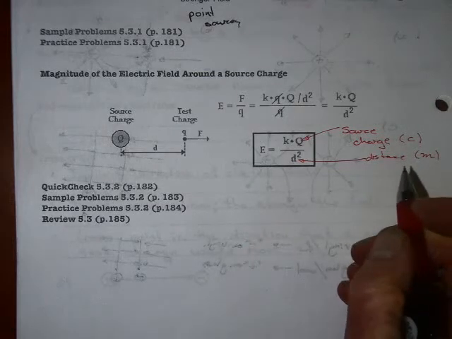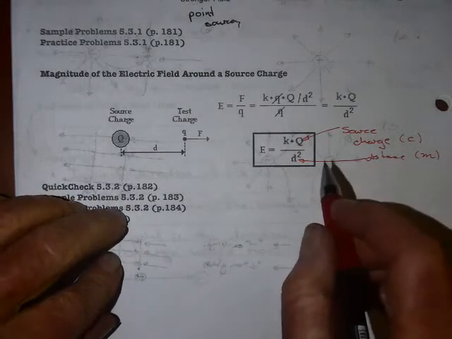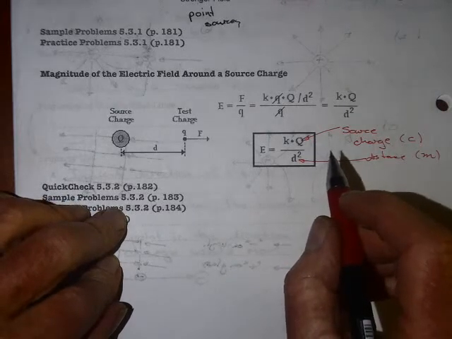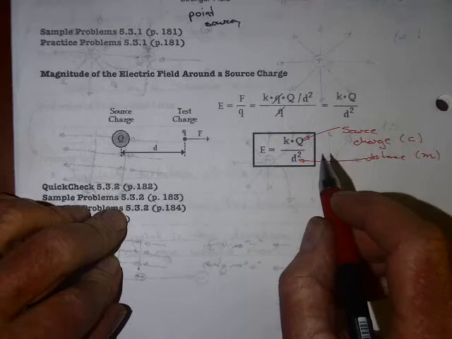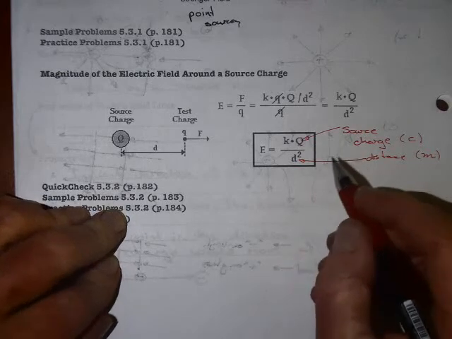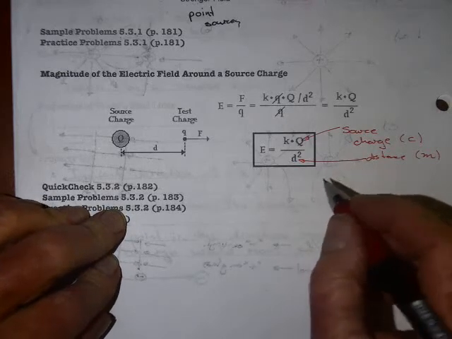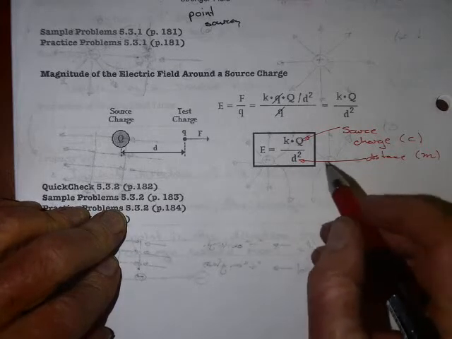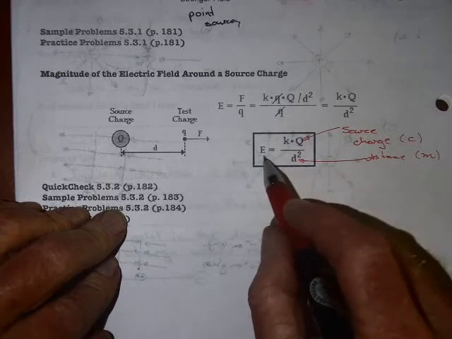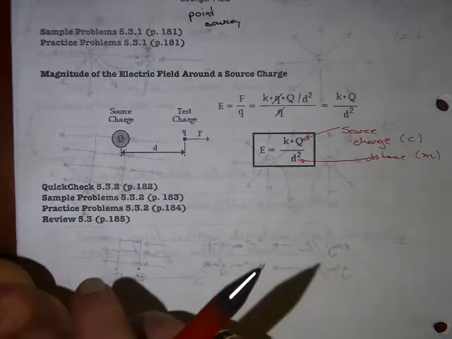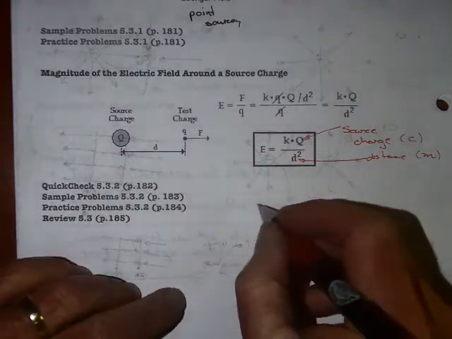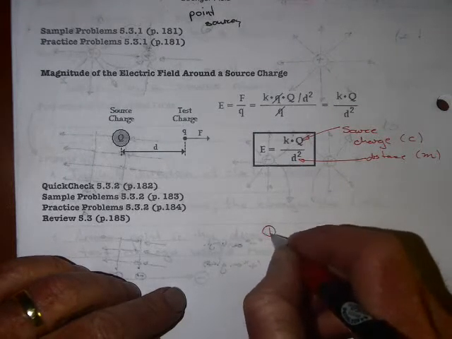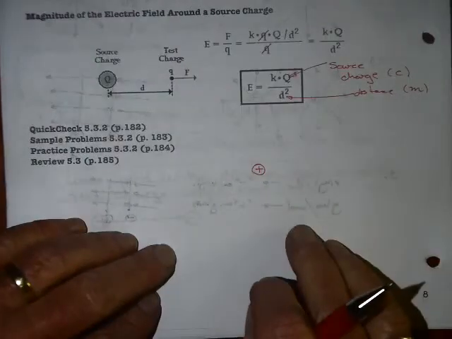And so you're going to use the Coulomb's constant, which is 9.0 times 10 to the 9 newton meters squared per coulomb squared, and that will give you the electric field strength.